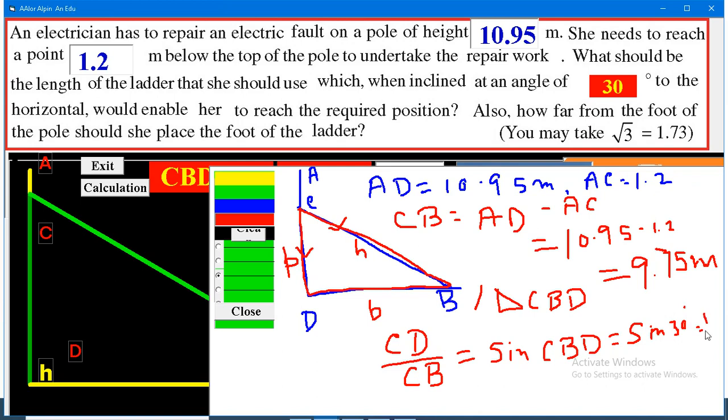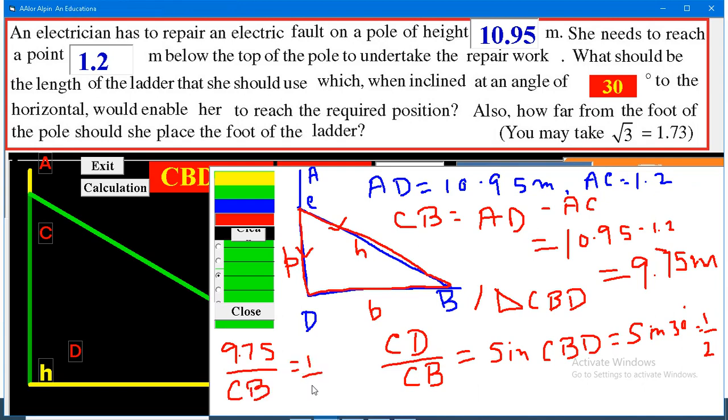So it becomes not very difficult now. CD is 9.75. Put the value here. 9.75 by CB is equal to half.